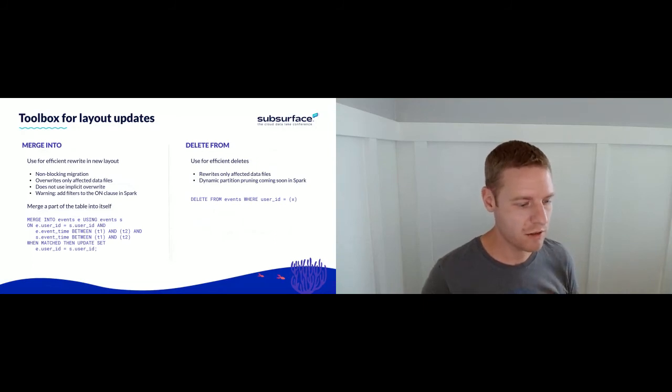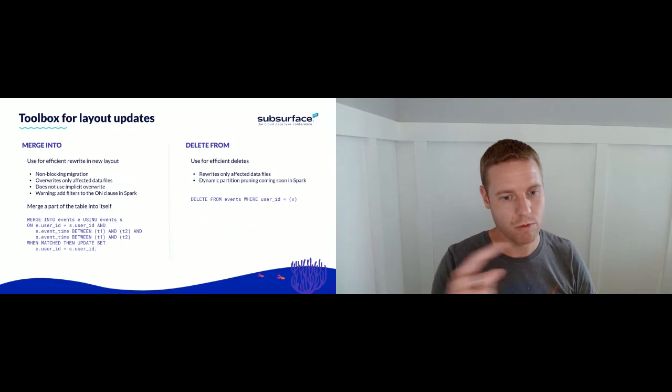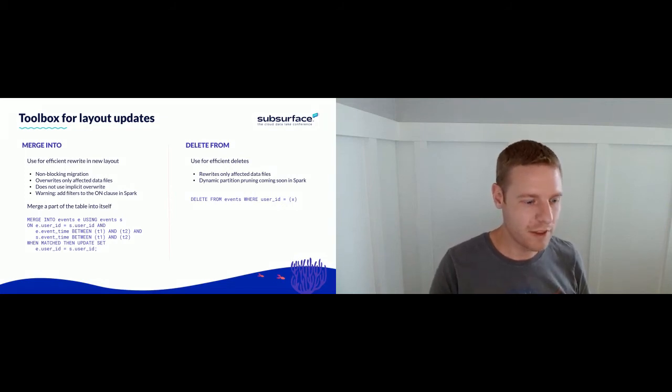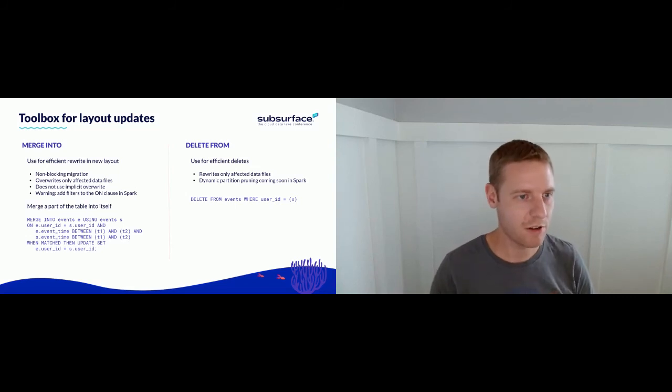In Spark, it's going to have a copy on write semantic, so any affected data file is going to get deleted, and all of the records from that data file are going to be rewritten back into the table. The nice thing about this is Spark is by default going to write with the newest partitioning spec. And so this is a great way to rewrite data from an old partition spec into a new partition spec and have everything work just fine without that implicit overwrite problem.